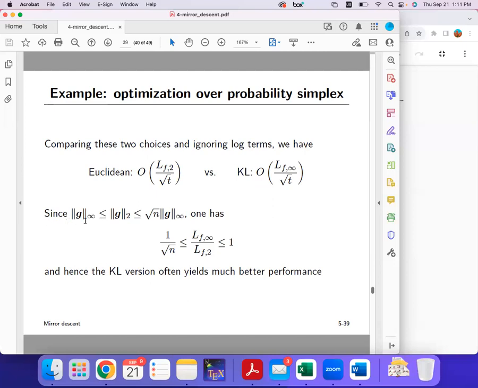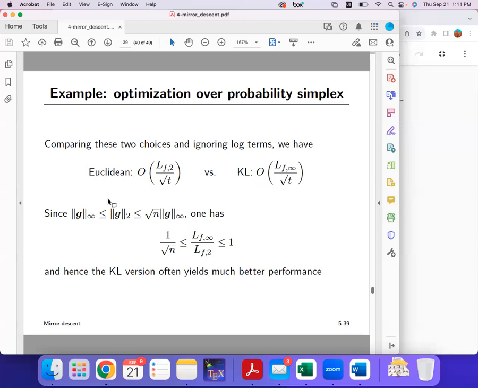This is an inequality that holds for any vector. For any vector, the L2 norm is always bigger than or equal to the infinity norm, and it's always smaller than or equal to the square root of n times the infinity norm.